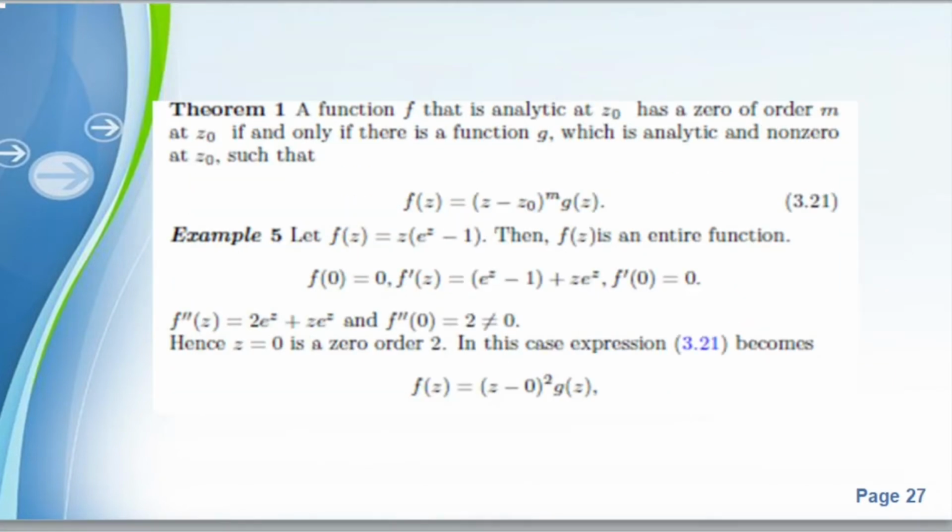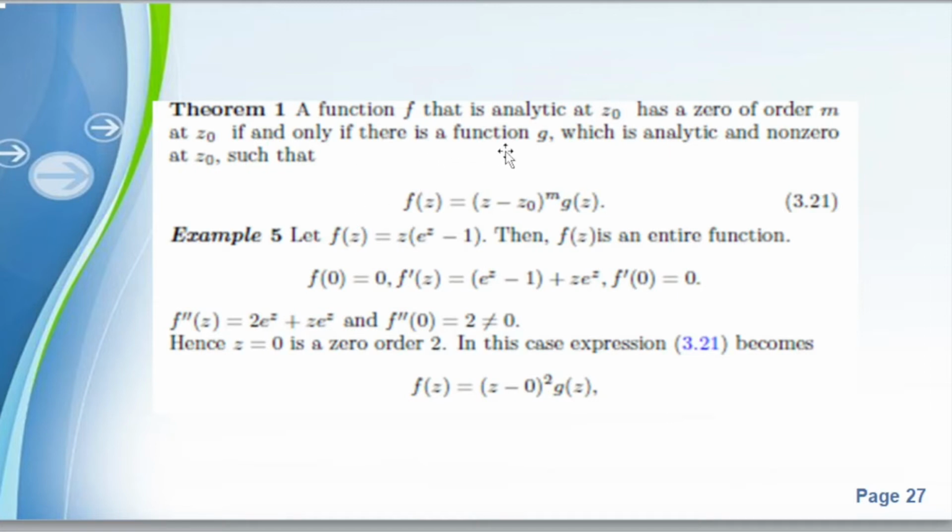A function f that is analytic at z0 has a zero of order m at z0 if and only if there is a function g which is analytic and non-zero at z0.